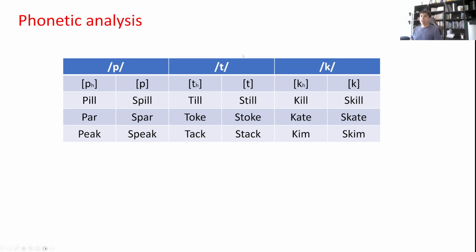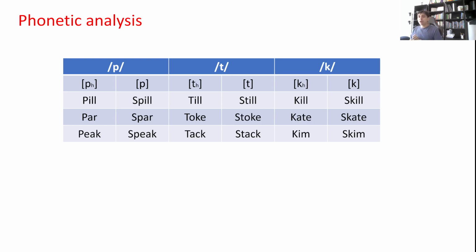However, they have two allophones, aspirated and unaspirated sounds. So if you have seen the previous video, you know what I'm talking about. If you haven't, I highly recommend you watch it, because what we're going to be doing today is the continuation of what we did last time.